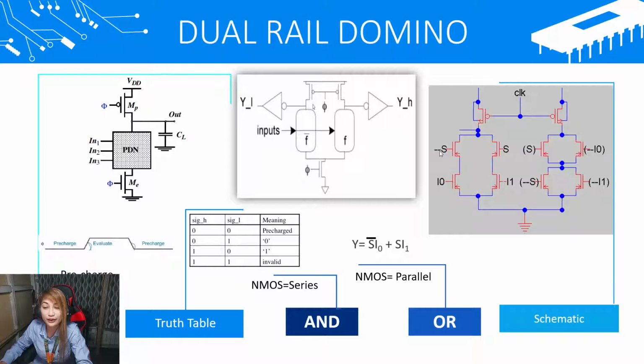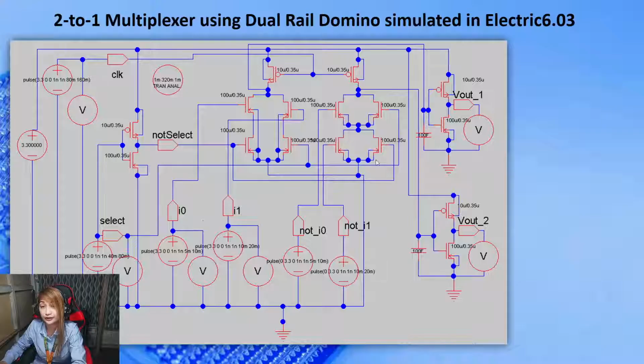The complement of S bar is S, the complement of I sub 0 is I sub 0 bar, the complement of S is S bar, and the complement of I sub 1 is I sub 1 bar. So you have to input here the circuit and the complemented circuit.